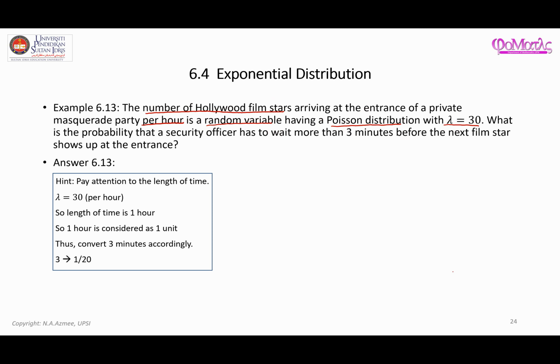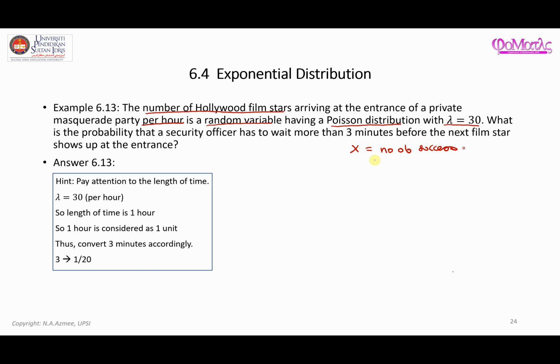We know what a Poisson distribution is. It has a random variable that describes the number of successes. Every time the Hollywood film stars come to the entrance, that will be considered a success. So here we have x, the number of successes.